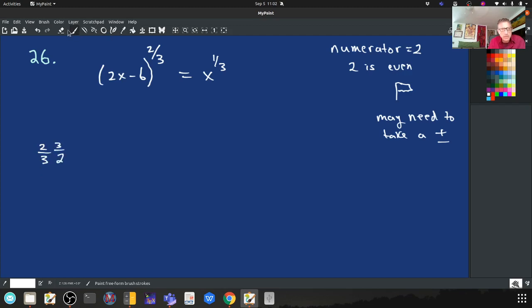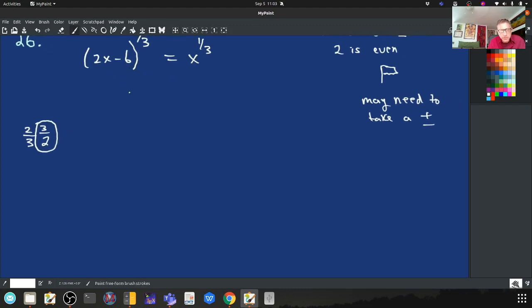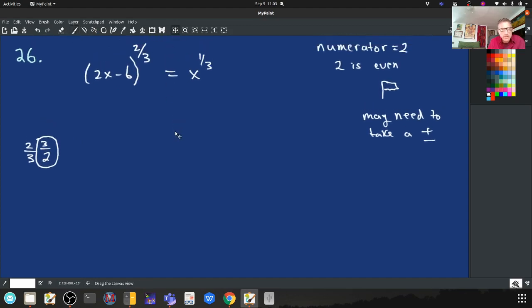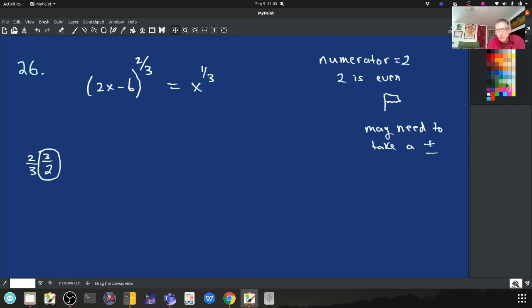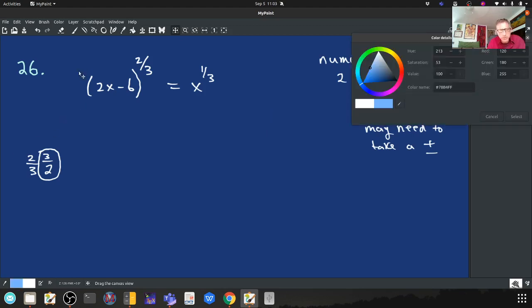So that's what we're going to do, is we want to raise both sides to the same power, but we want to choose the power wisely so that it makes one of these terms raised to the power of 1. So that's what I'm going to do. I've chosen to do that to this side.